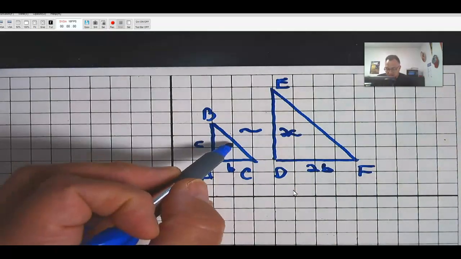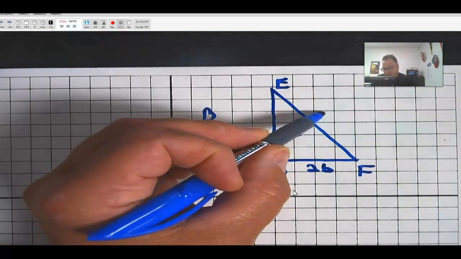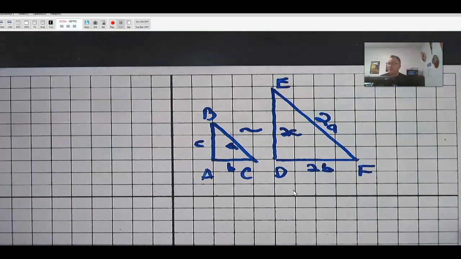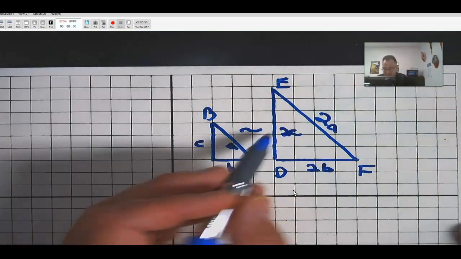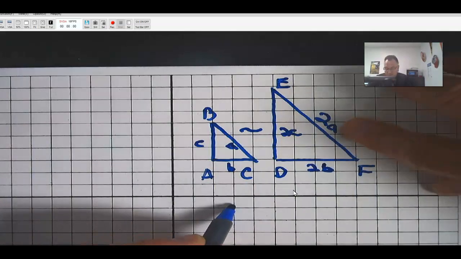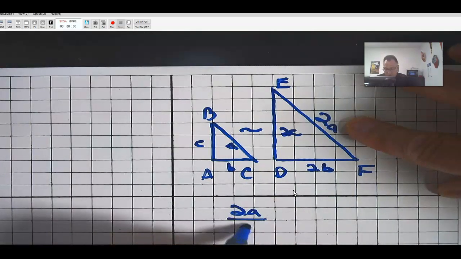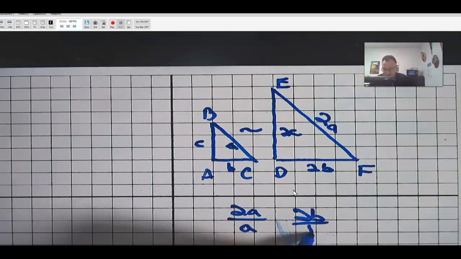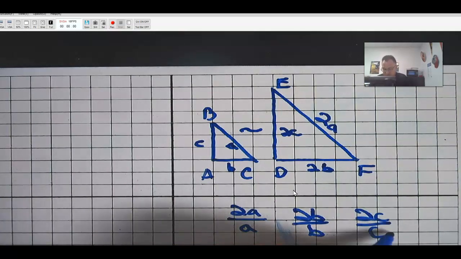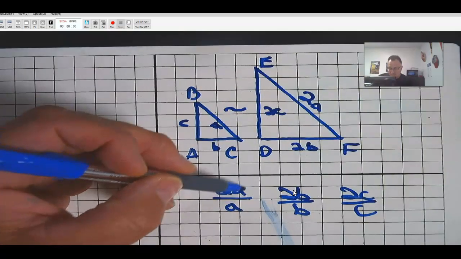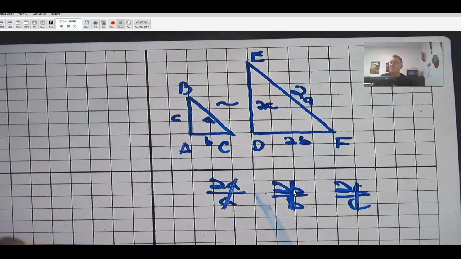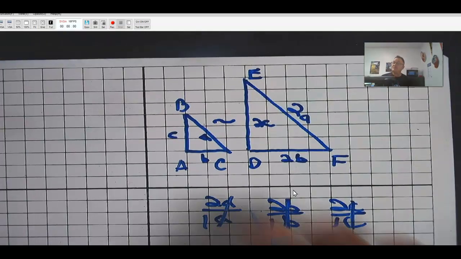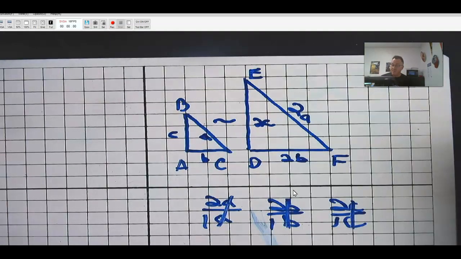This side A would be twice as long. So everything got doubled. If you do the ratio of the big to the small, 2A over A, and then 2B over B, and 2C over C, all of those simplify to the same ratio of 2 over 1. So when that happens, we say that these triangles are similar.